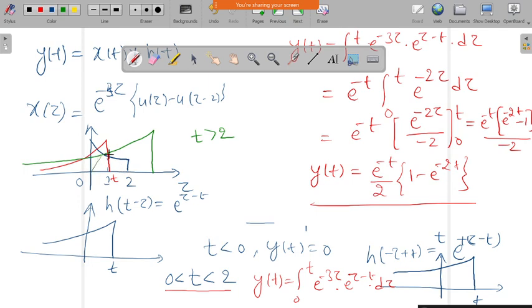So the overlapping convolution is between 0 to 2 only for t greater than 2, so the integral varies between 0 to 2 only.